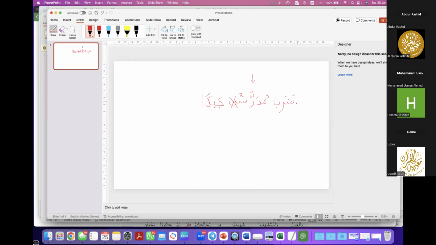If we say daraba mudarrasun, then this is just fa'il. This is in mansub form, so this will become an object. No, the seen has a damma tanween. That's what I'm saying. Yeah. So it's in rafa. Mudarrisu.